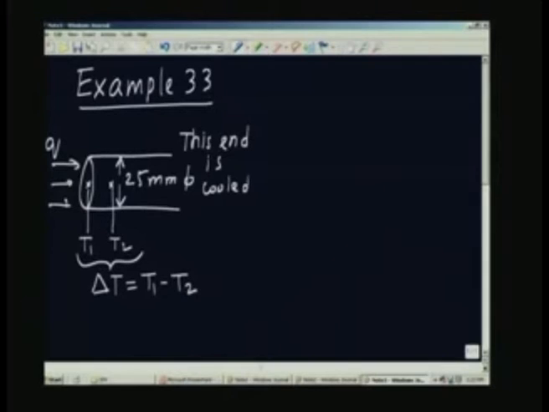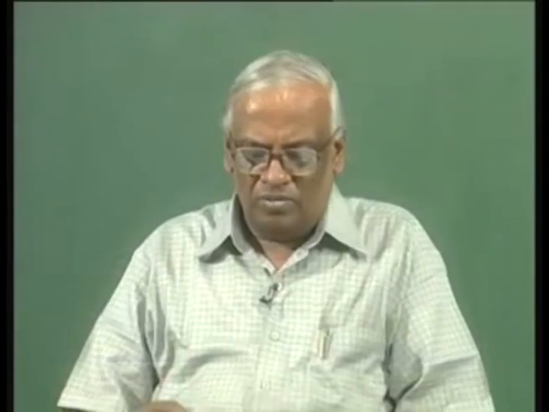And we are going to wait till the steady state is reached. That means that the temperatures are going to initially change and then finally settle down, so that the delta T will show a constant output depending on the value of Q.